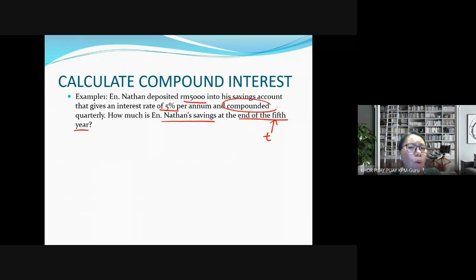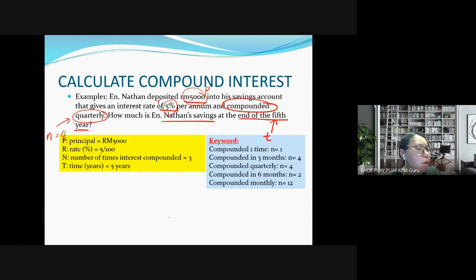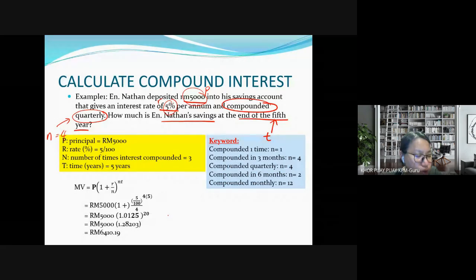Then they say compounded, which is the keyword for fixed deposit, and what is it? Quarterly. Quarterly means my n is 4. So this money is P, this percent is your R. Then only you use your formula MV to count your total savings with interest. So that will be your MV.